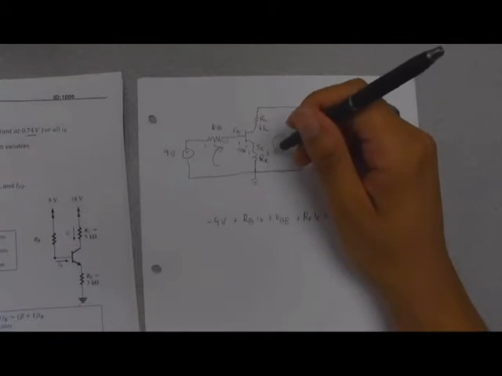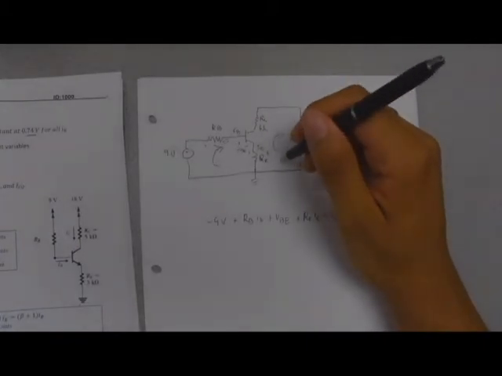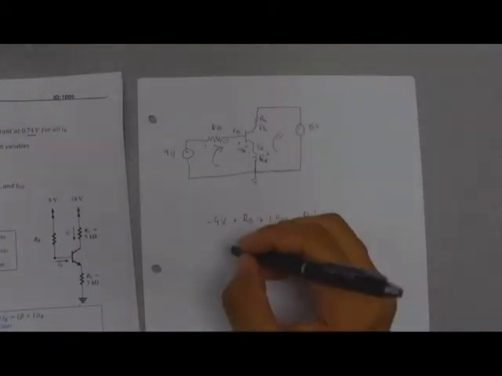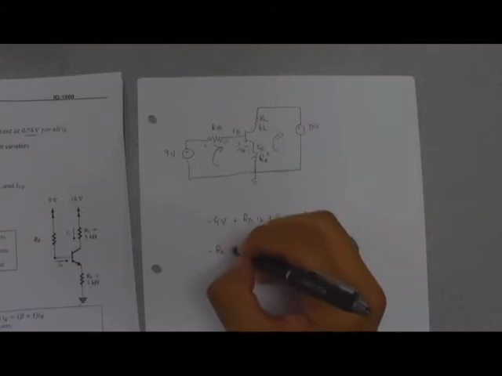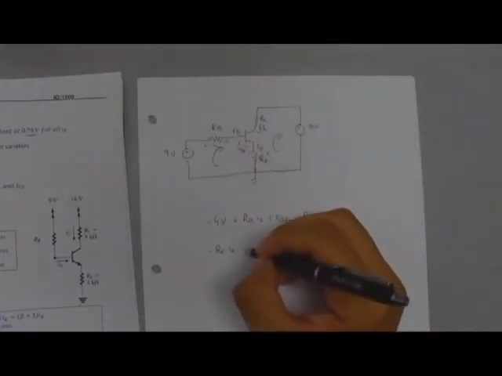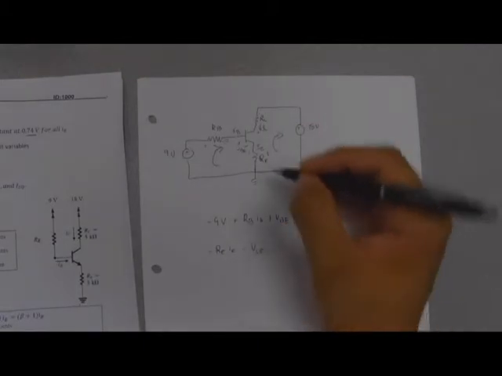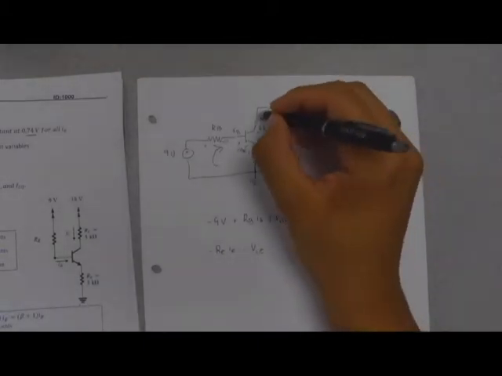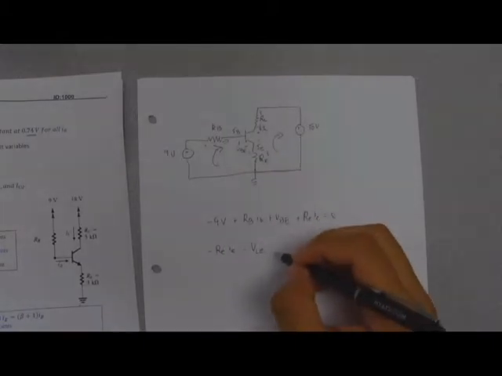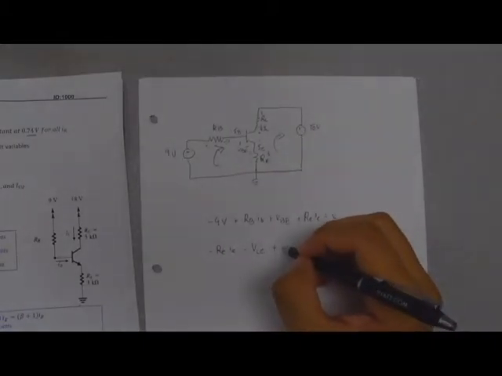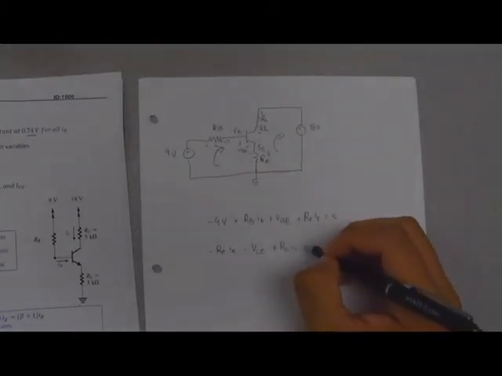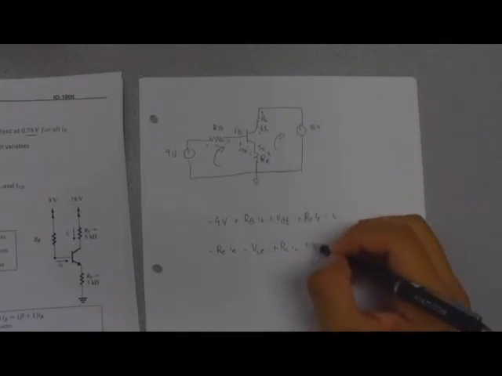And then going along this loop, we're going to have negative RE, IE, plus minus VCE, so minus VCE, plus minus, right? So plus RC, IC, and then plus your 18-volt source equal to 0.